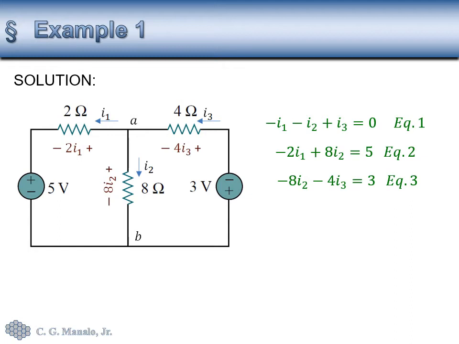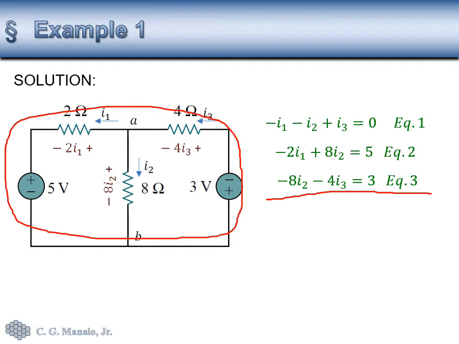So we bring the equations together, and we don't need any more additional KVL equations because the three equations that we have developed is already enough to solve the problem. And if we attempt to create another equation, let's say around this super loop here, that equation may be redundant.